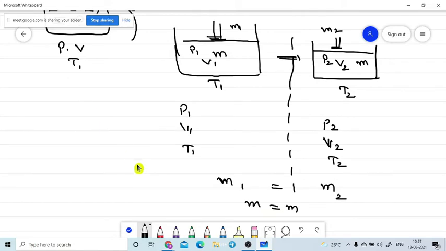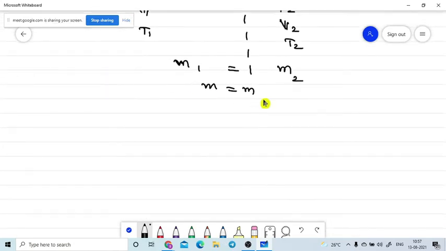So I am taking the fundamental formula for mass. Density of the substance is ρ1, and here the density of the gas is ρ2.